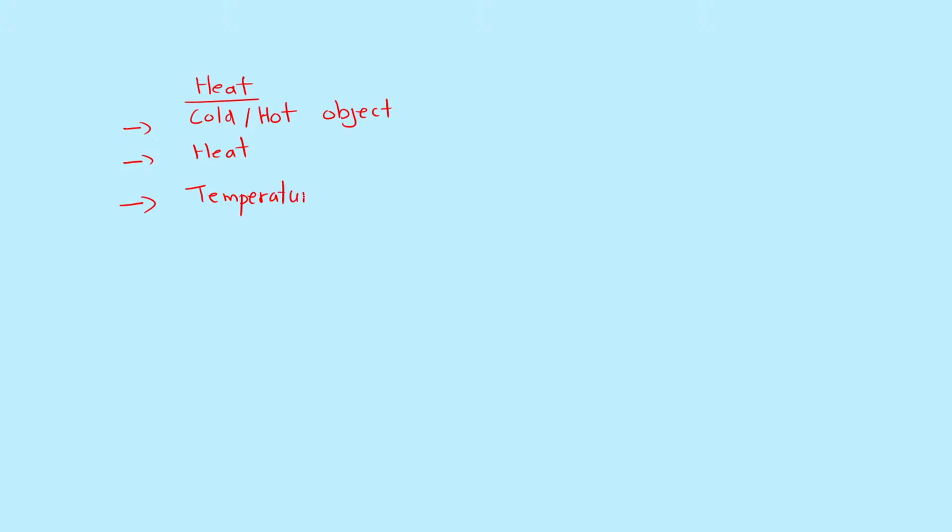We also understood the temperature measuring device, the thermometer, and different types of thermometer. Many types are there, but we learned about two types: one is the clinical thermometer, the other is the laboratory thermometer.